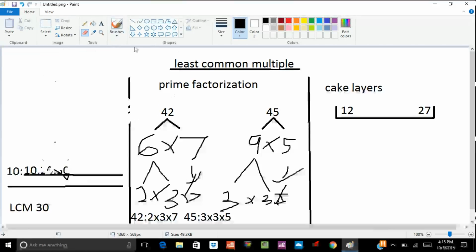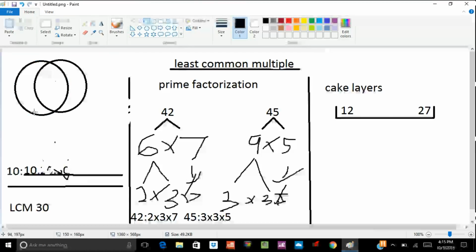After that, we need to make a Venn diagram, like last time. So 1, 2. This is how a Venn diagram looks. Now we need to look here.